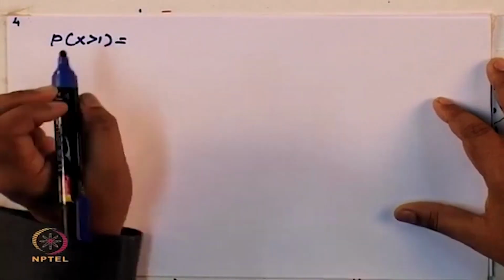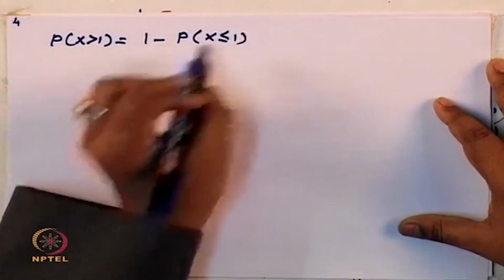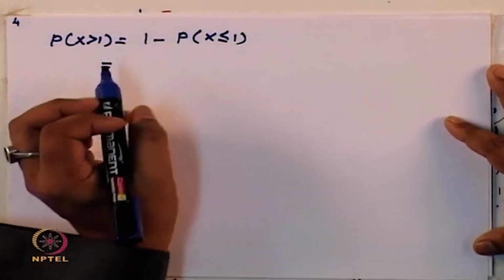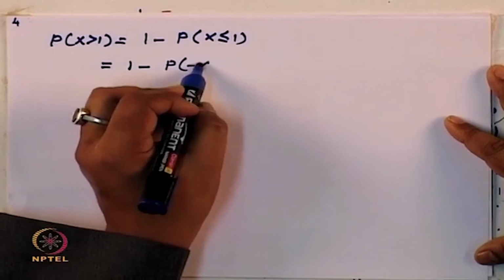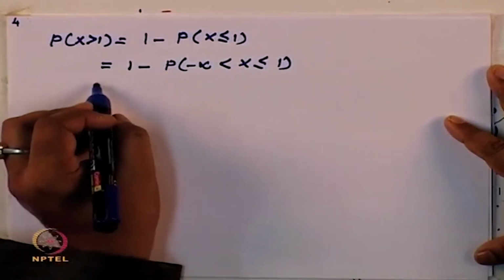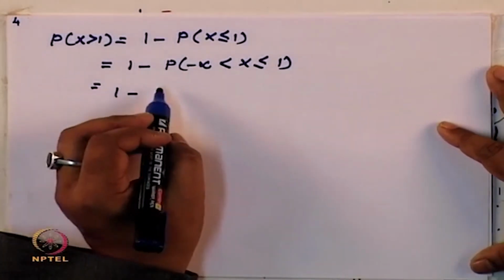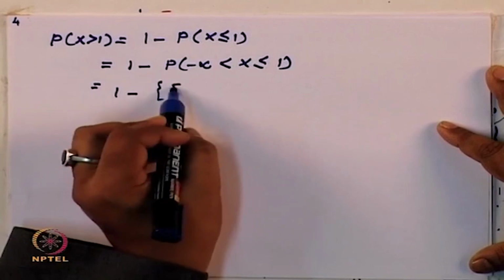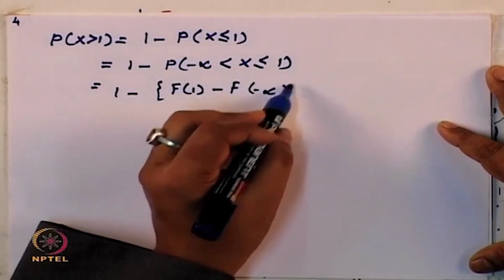Probability of x greater than 1 is 1 minus probability of x less than or equal to 1. Okay. So, this is simply F of 1 minus F of minus infinity.